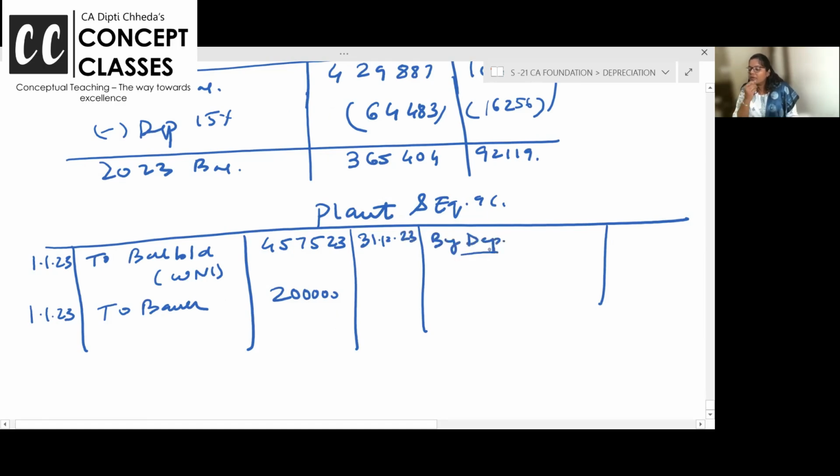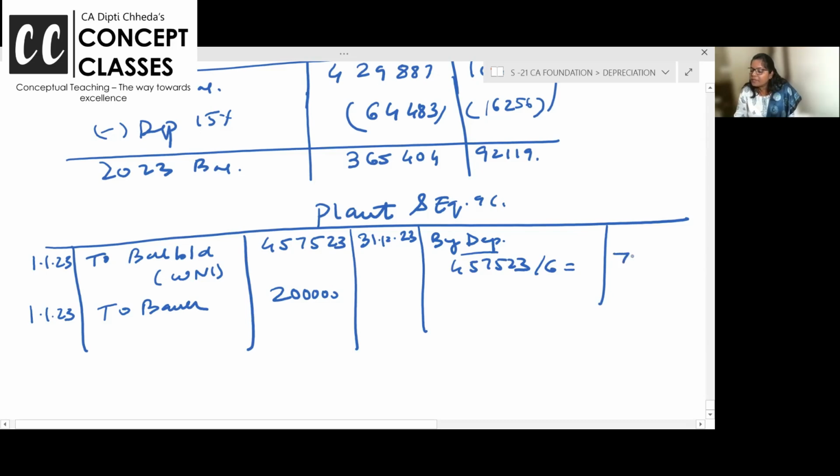So how much depreciation are you going to charge? On 457,523, today's WDV, it is going to be for 6 years. 457,523 divided by 6 years.